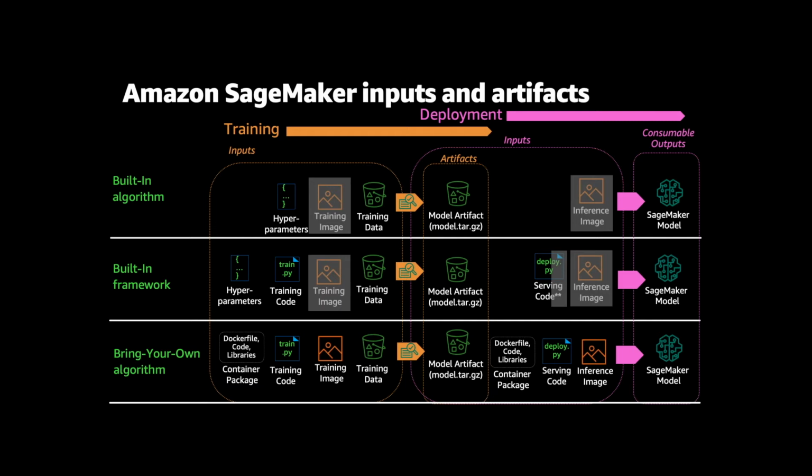And in that case, you're going to be customizing the whole thing: Dockerfile, code and libraries, the training code, the training image, for both the training and the deployment process, until you can get to a reasonable model to be published into production.